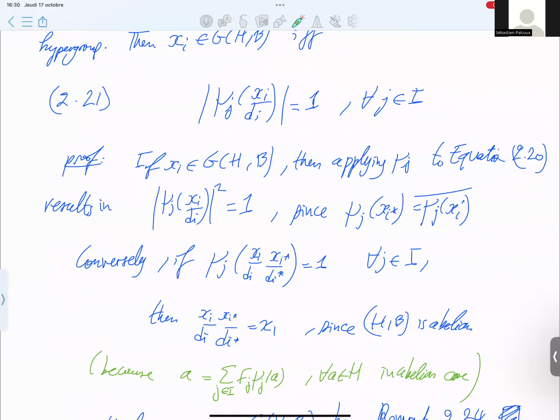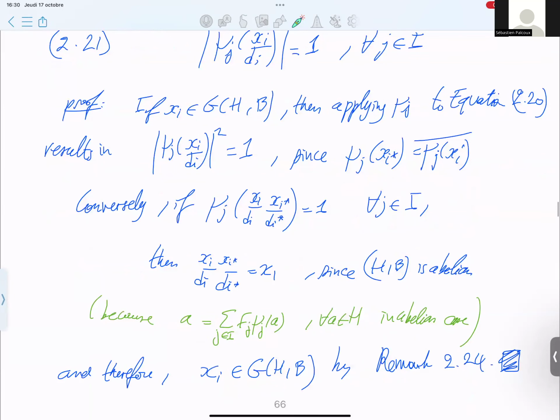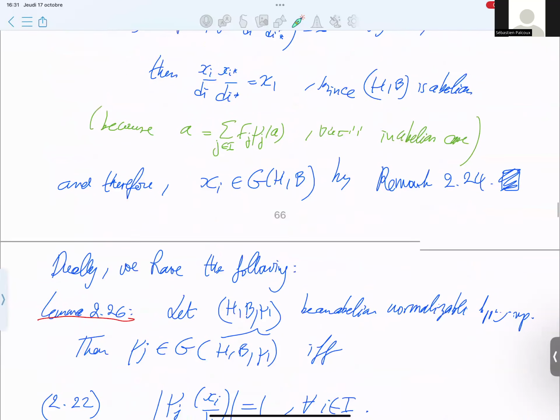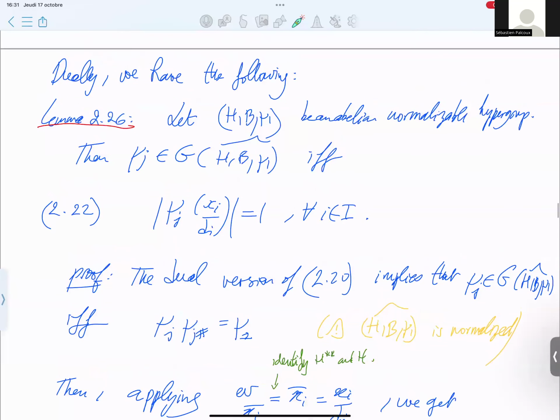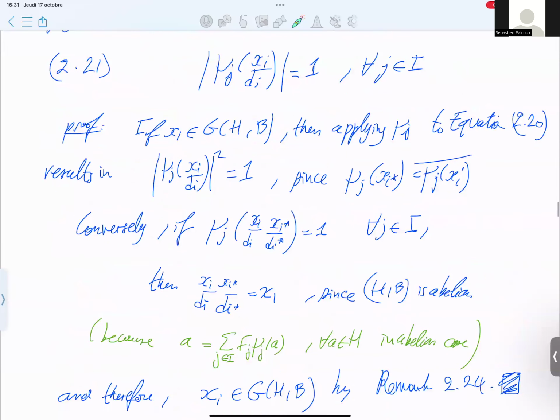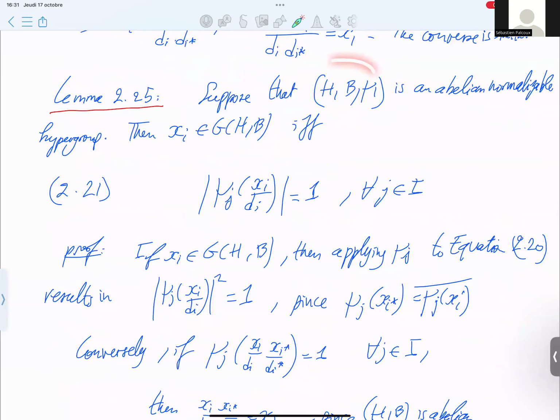So you can decompose everything, and you use the fact that you have the complex conjugate when you apply the dual, etc. And conversely, if you have that, it works. So you have an equivalent formulation for a group-like element in the hypergroup.